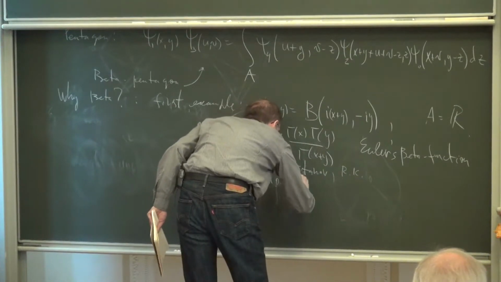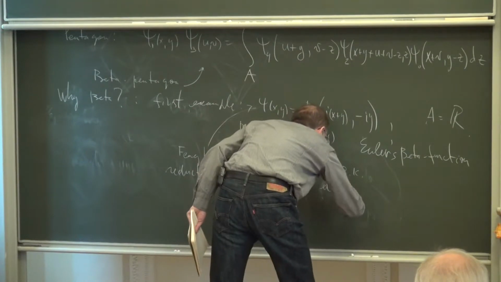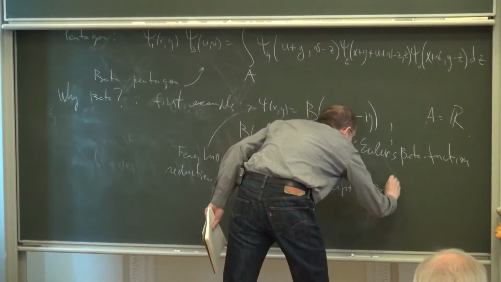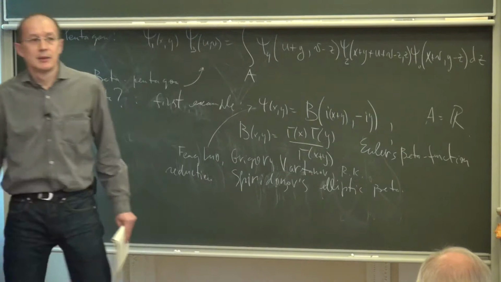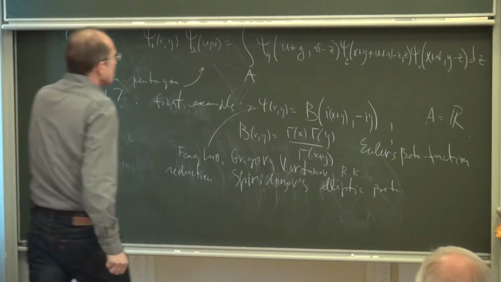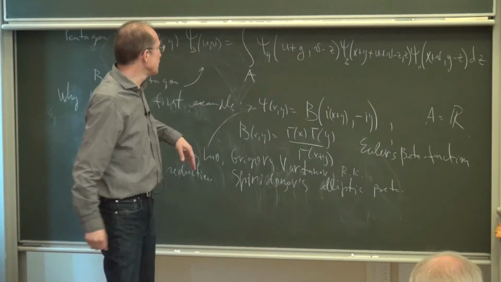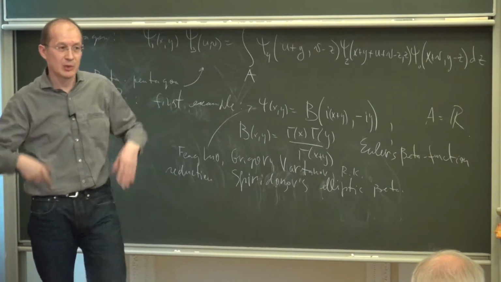Even in the classical case of standard gamma, you need elliptic. Today I will give an independent proof, but originally it was proved as a reduction of Spiridonov's.